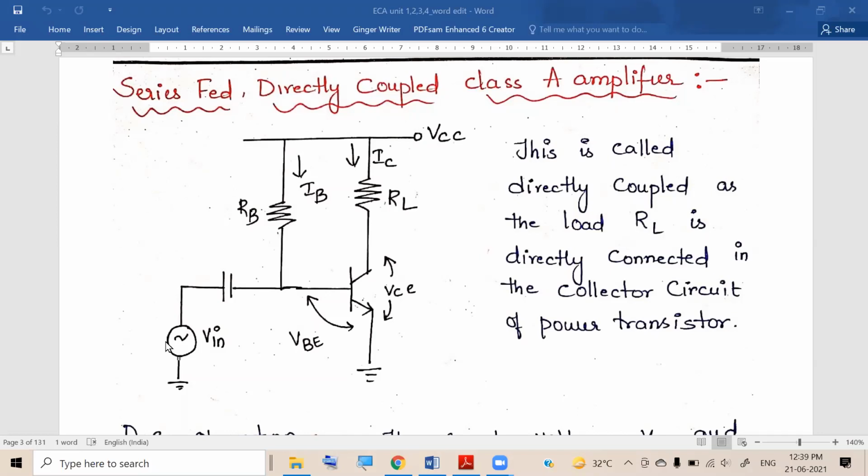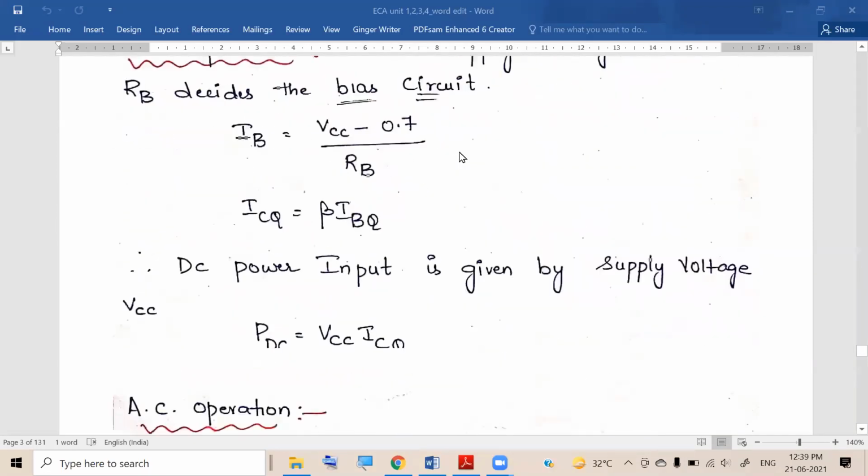So we approximate that the total power supplied to the circuit is simply the power supplied by the DC source. And what is its value? Just now we discussed. Please answer. VCC into I. Very good. Perfect. So it is VCC into ICQ.